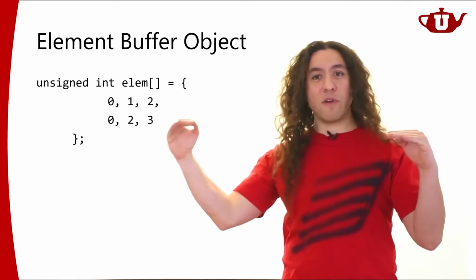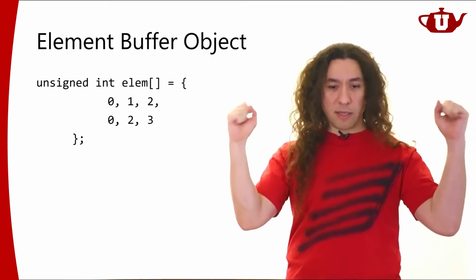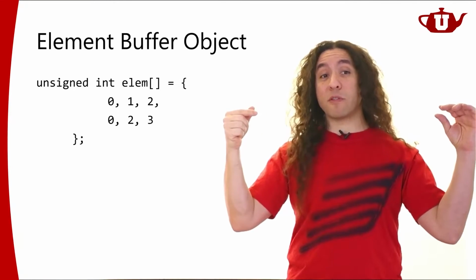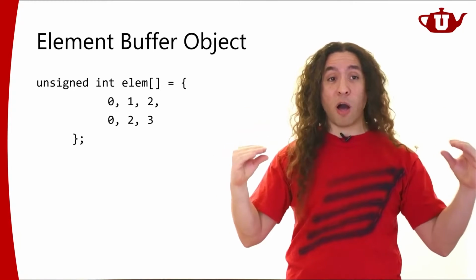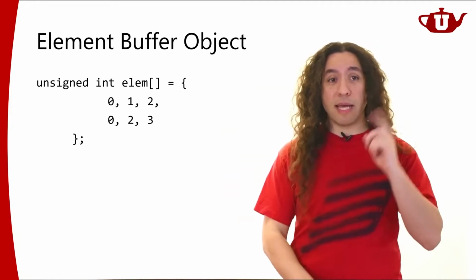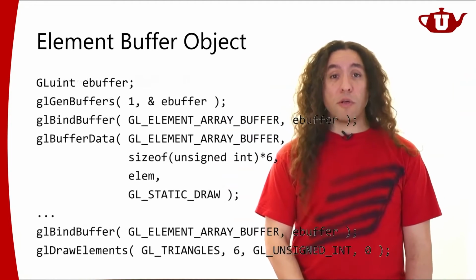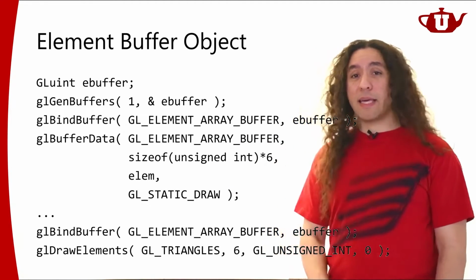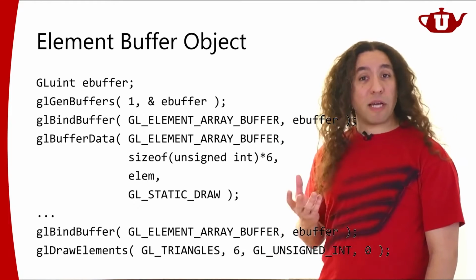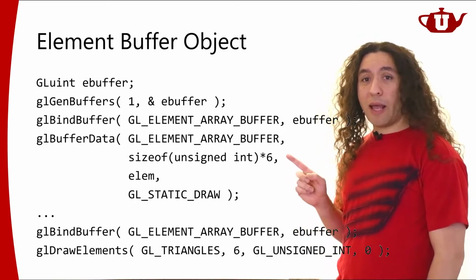All of these vertex attributes for a vertex form one vertex. And if I need to change one of the attributes, I need a full copy of that entire vertex for all of the attributes. That's very important.